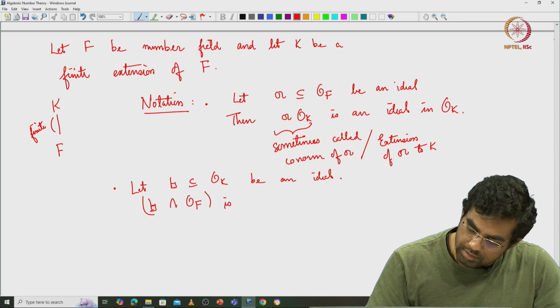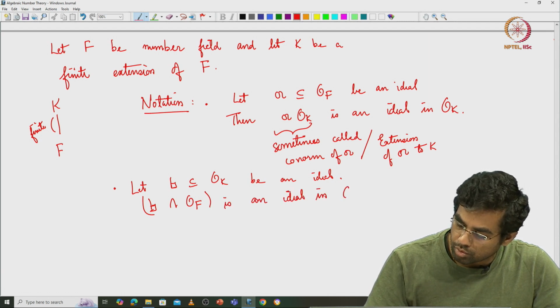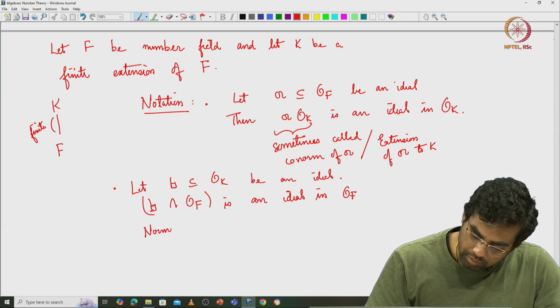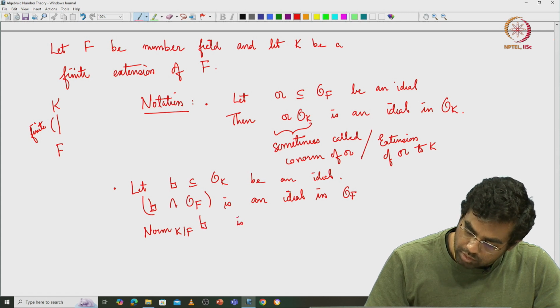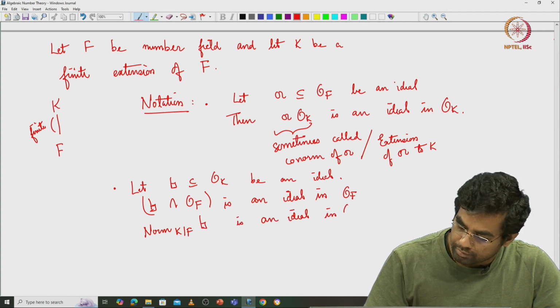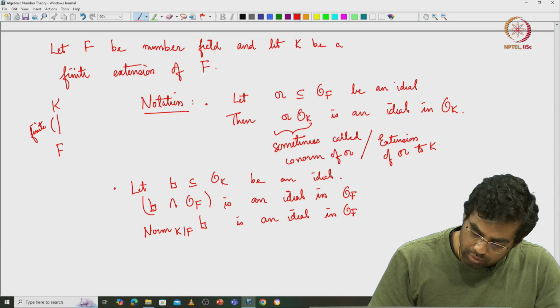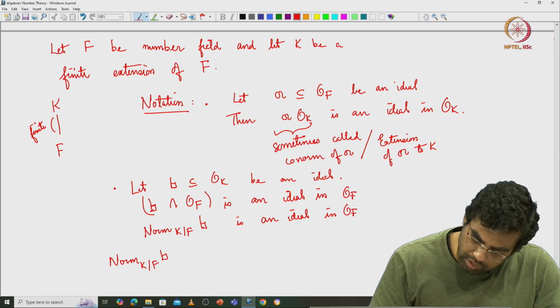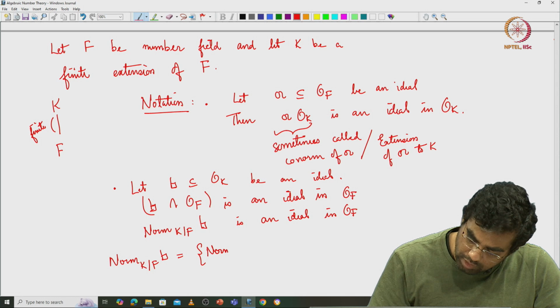This thing is an ideal in OF, or you can do the norm from K to F of B. This is also an ideal in OF. Okay. Let me remind you what the norm is.